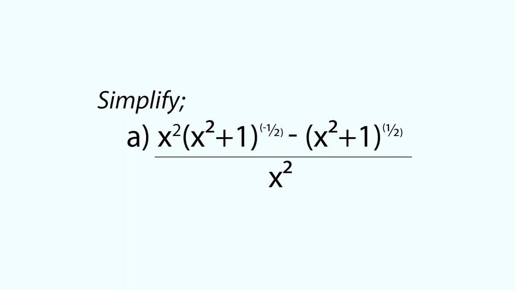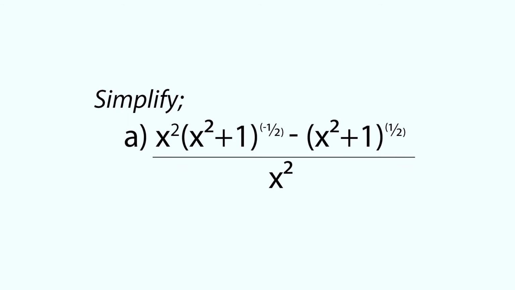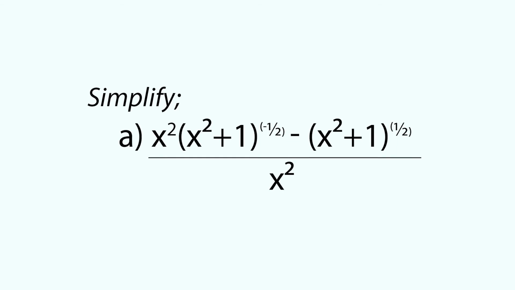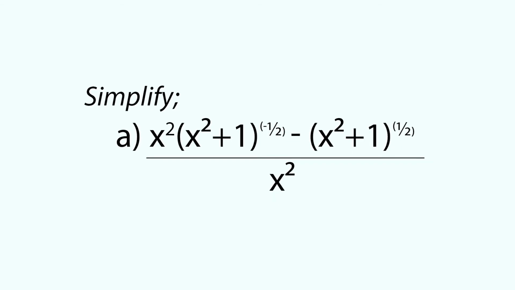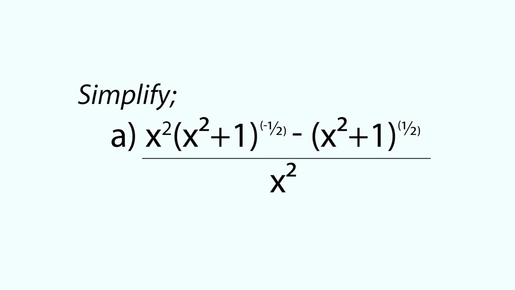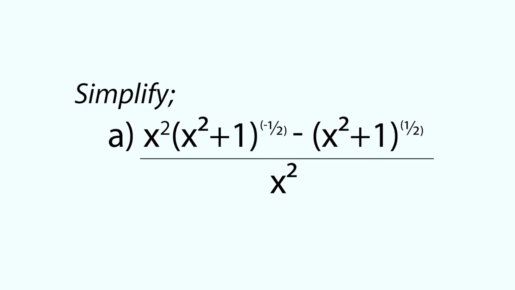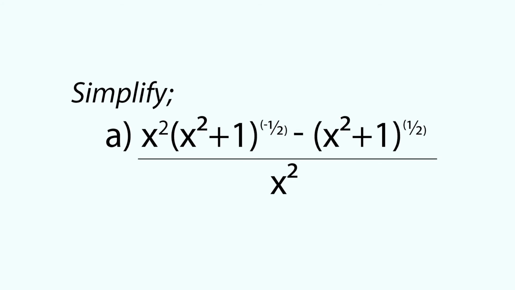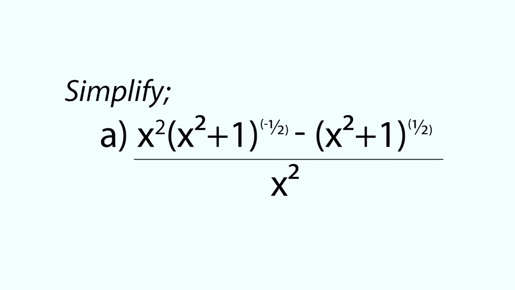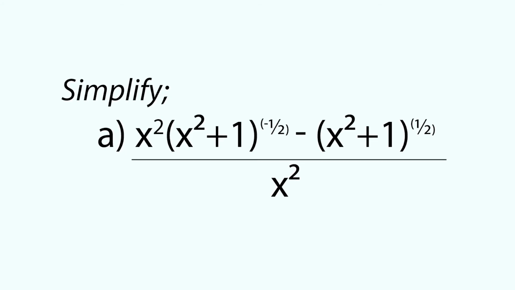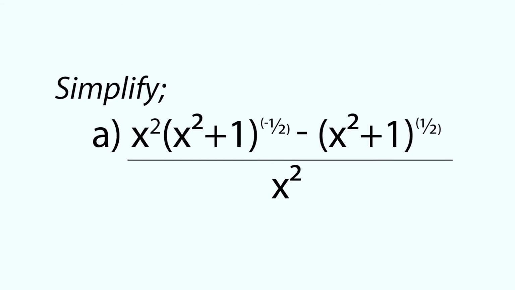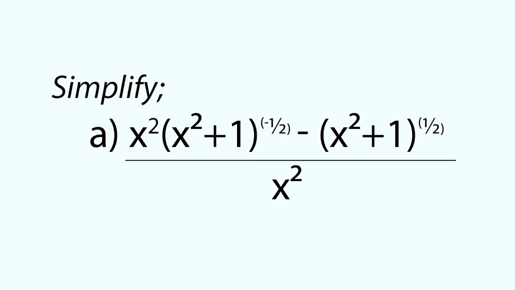Another example. Simplify x squared into x squared plus 1 raised to power negative a half, minus x squared plus 1 raised to the power half, divided by x squared.